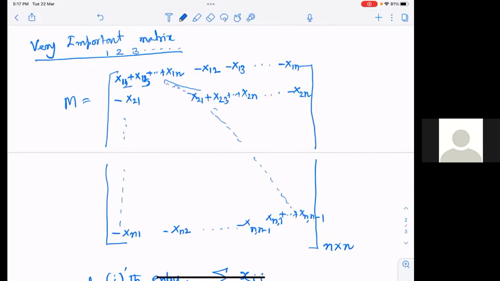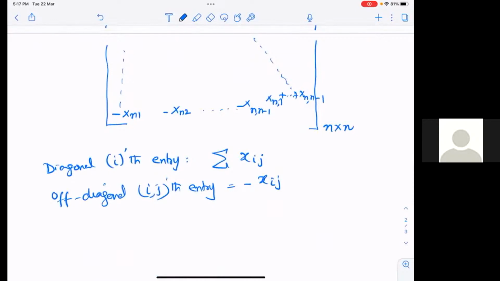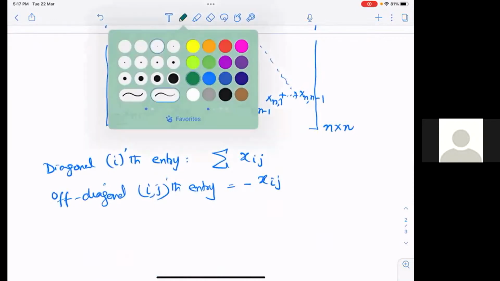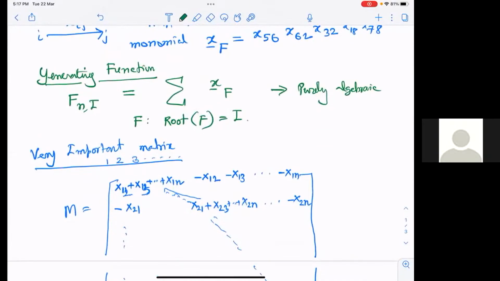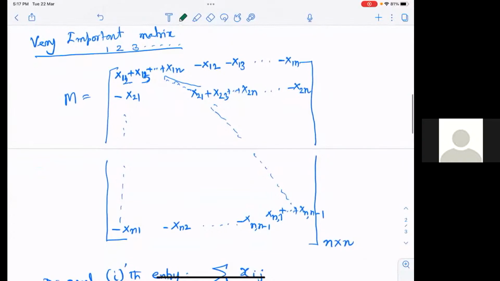Now, what is the theorem that Kirchhoff proved? Remember two things. We have a generating function from the description of the forest, and we have this very interesting looking matrix whose diagonals are sums and whose off-diagonal entries look like minus xij.